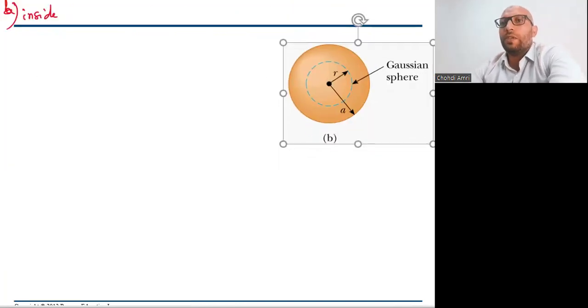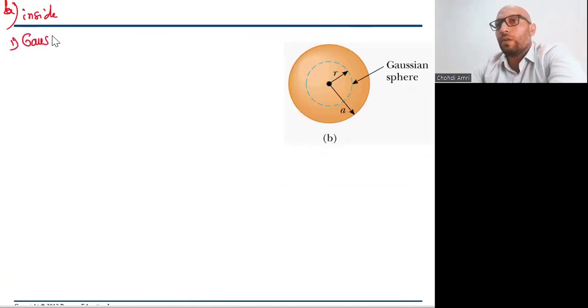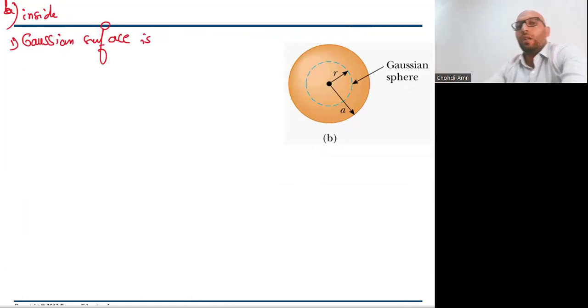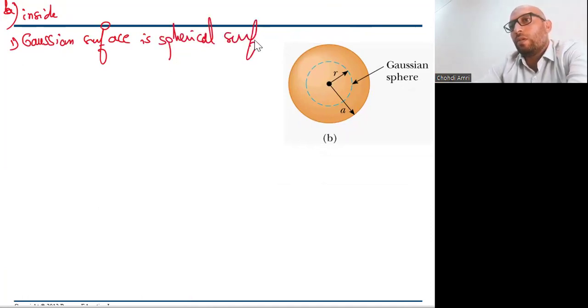As usual, the Gaussian surface is a spherical surface because we are still in the charged sphere, with radius r.